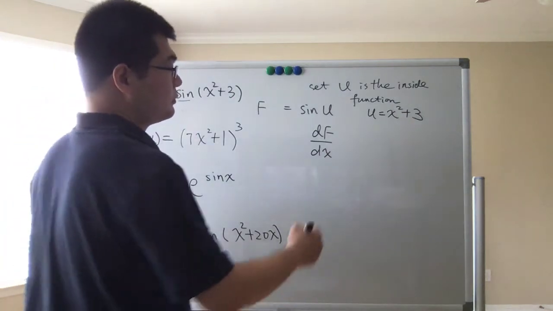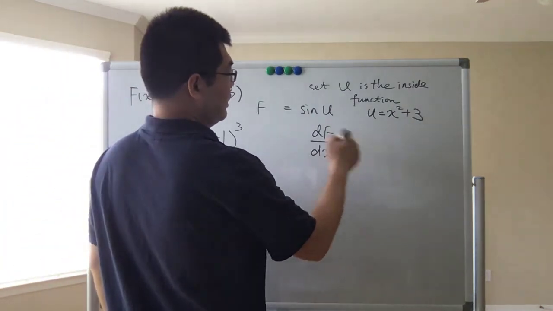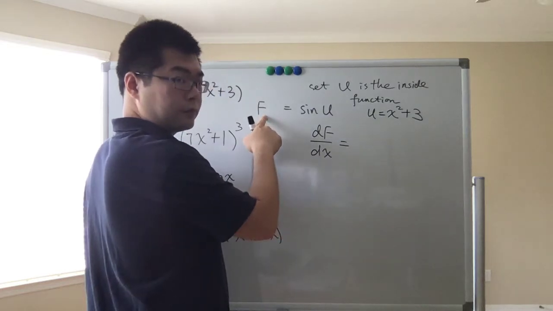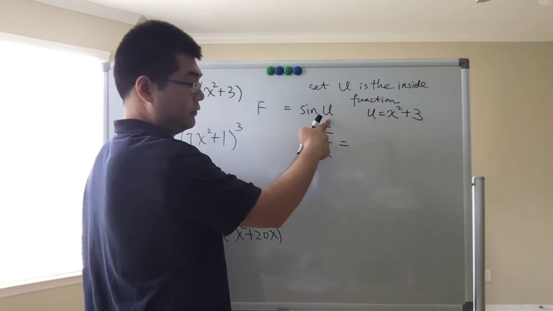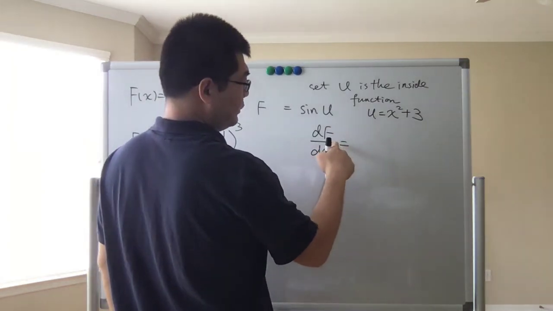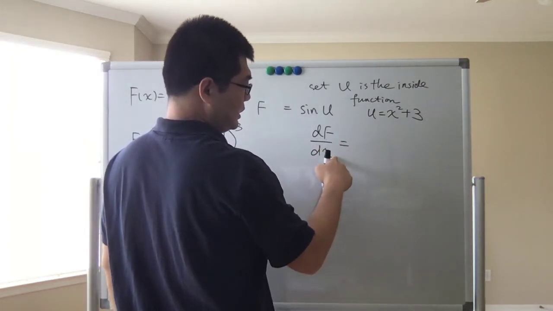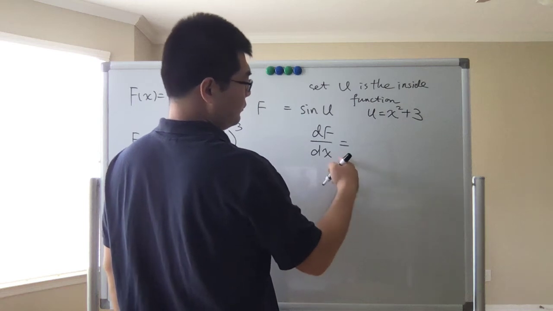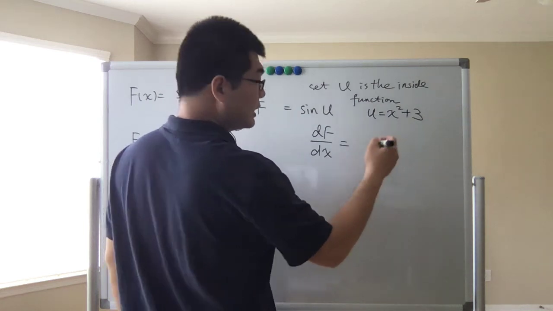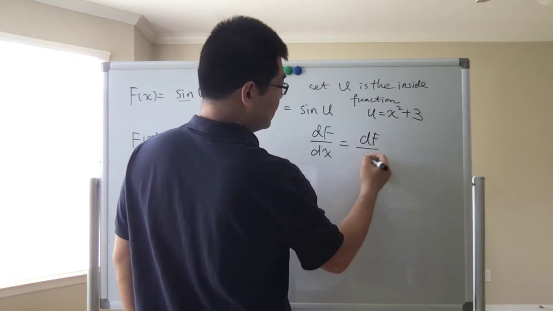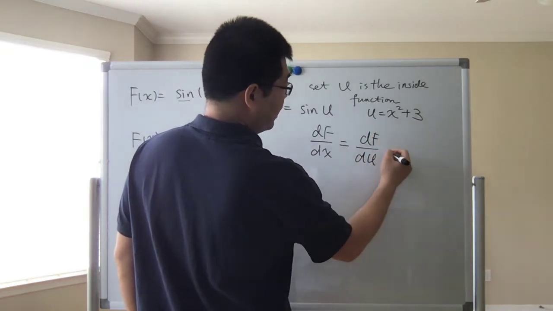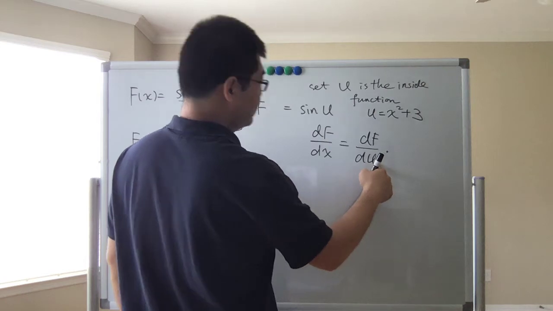Look at what we have here. Right now, F is a function of u, right? So to figure out dF/dx, the derivative of F with respect to x, this is the meaning of the chain rule. What you need to do is to figure out what dF/du is.